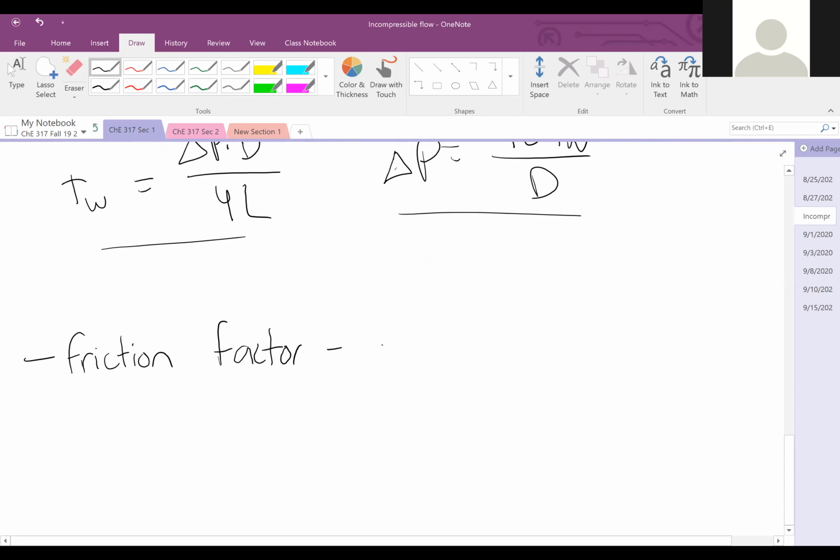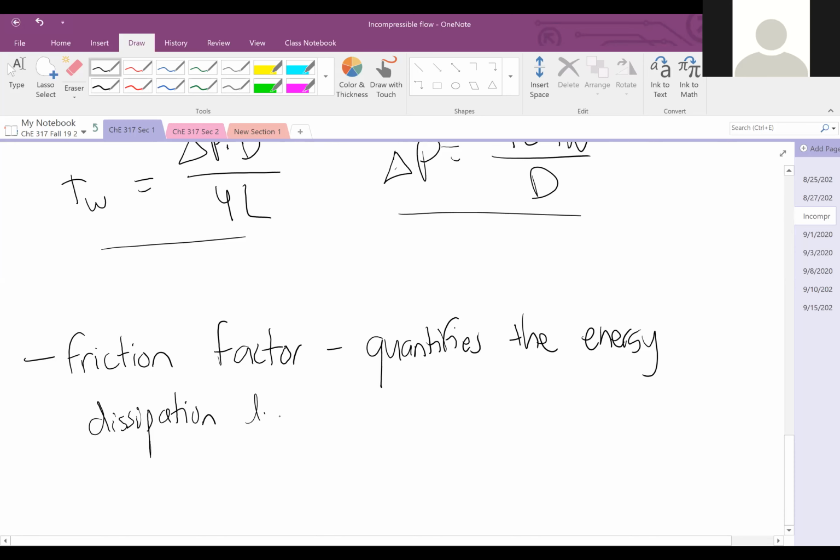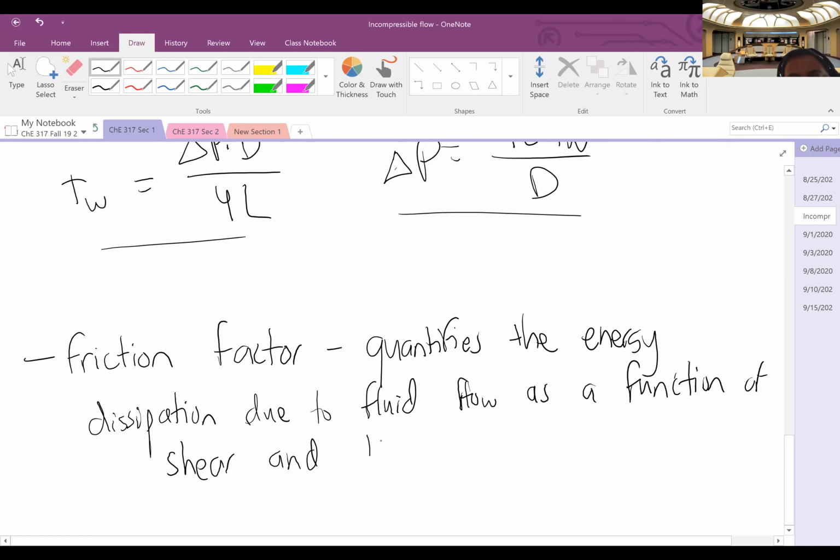And the friction factor quantifies the energy dissipation due to fluid flow as a function of shear and kinetic energy.